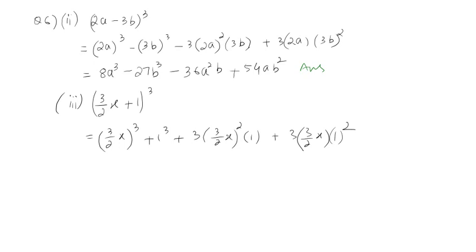The next step is cube: 27 upon 8x cube. You have to take the cube of everything in the bracket: denominator, numerator, everything. 1 cube is 1, so we leave it like this. So 27 upon 4x square plus 9 upon 2x. So this is the answer. Right? I hope you have understood how it is done.